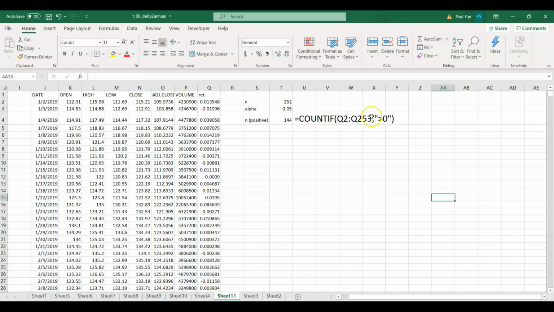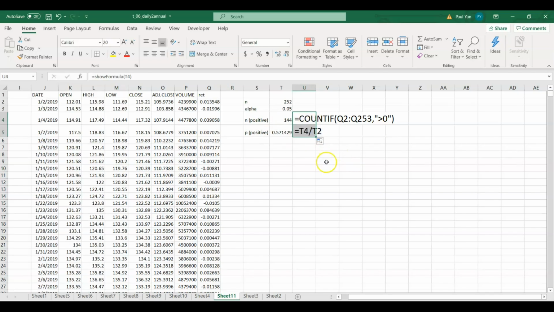So this is our P: the positive number divided by the total, which is 252. So this is our P.